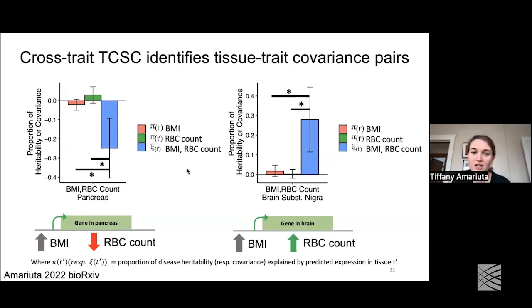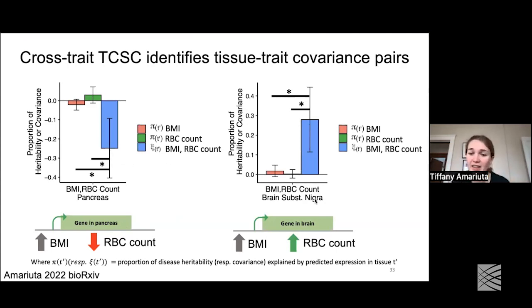But the blue bar is the estimated cross-trait result, which is the covariance of the trait in a particular tissue divided by the genome-wide covariance. So it's similar to how with pi-t we've divided by the SNP heritability. Interestingly, what we see is that gene trait effects in the pancreas seem to be in opposite direction for BMI and red blood cell count, evidenced by this negative covariance estimate, significantly negative.